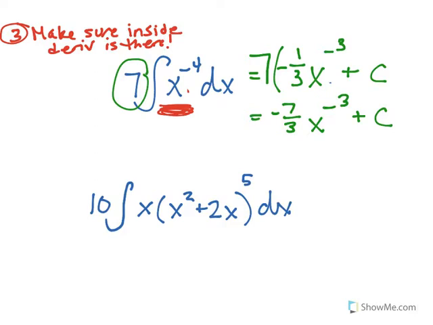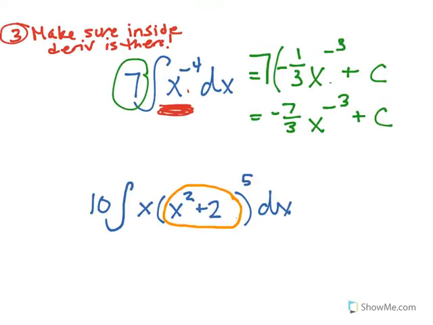Now, when we have an outside and inside function, we look here, here's our inside function. We can't move ahead unless we have the derivative of the inside function sitting there. So the derivative of the, okay, so I just bring this one to another page so I can see it a little better.